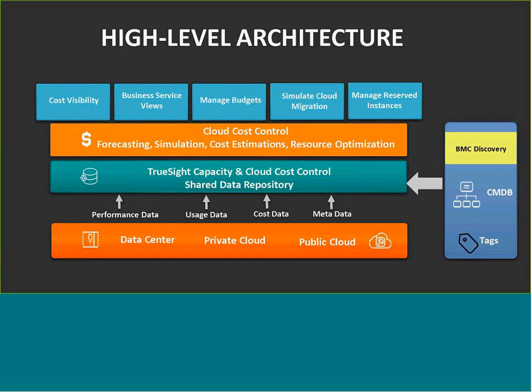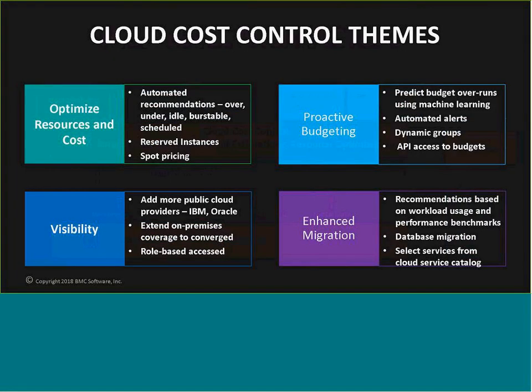If not, Cloud Cost Control will collect both resource and cost data. Cloud Cost Control uses a CMDB and tagging to build business service views and custom views that are important to your business. Cloud Cost Control also uses resource usage and cost data to provide forecasting, simulated migration, and cost estimations, delivering the 5 use cases identified in the demo.